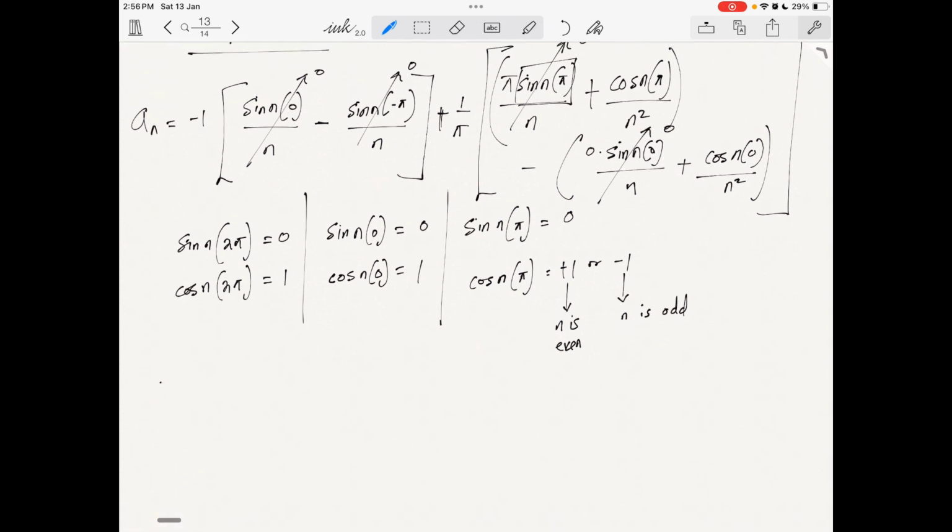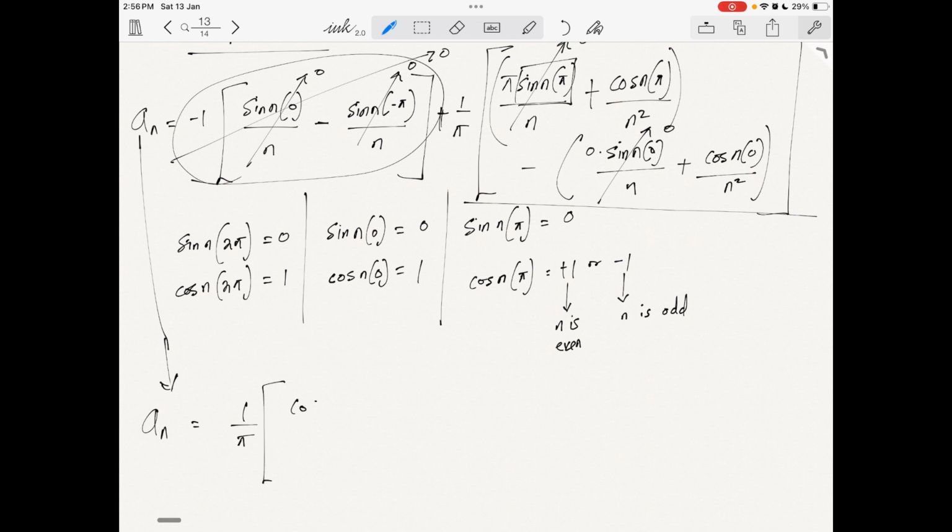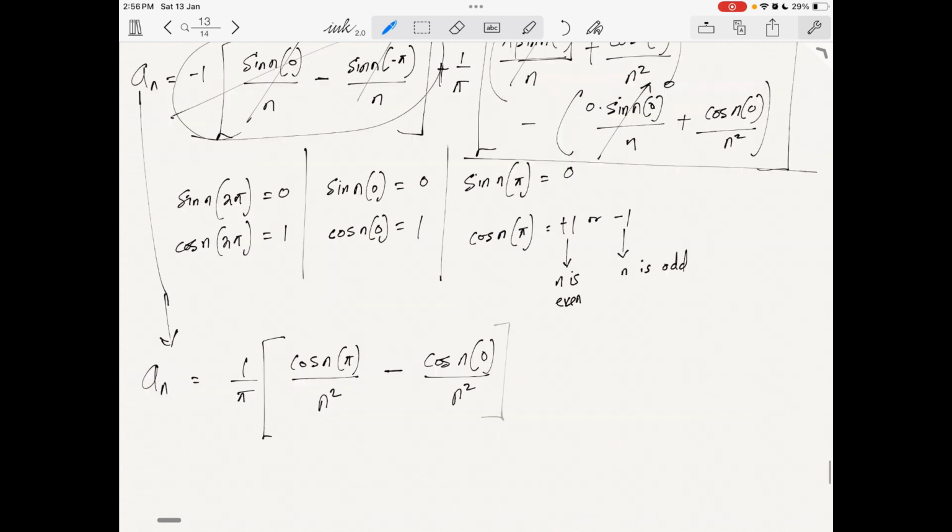So since everything else here has turned to 0, our focus now is here. So an is equal to 1 over π, and we are left with cos(nπ) over n squared minus cos(n·0) over n squared.